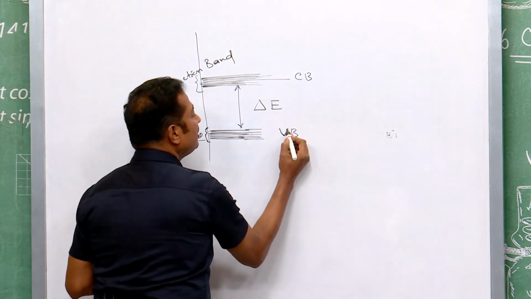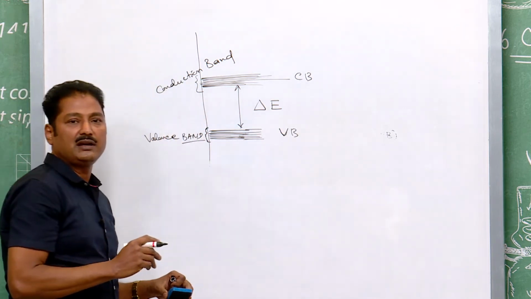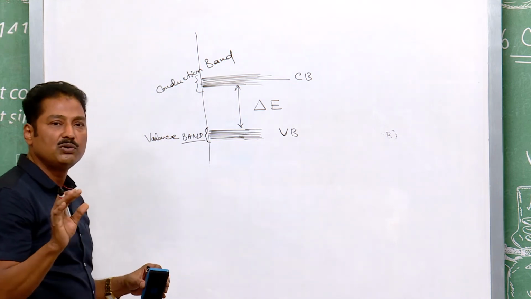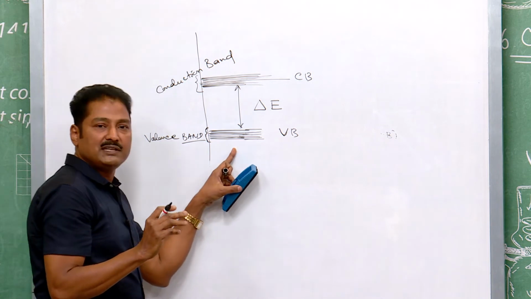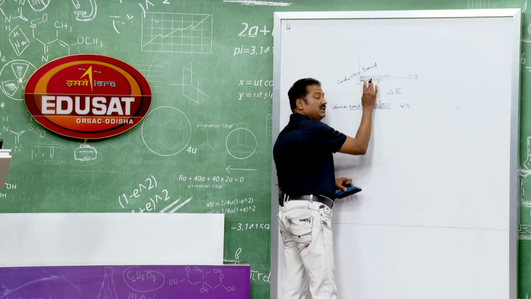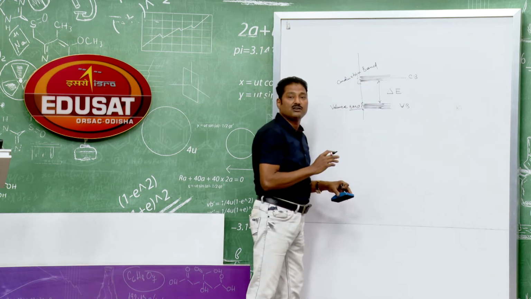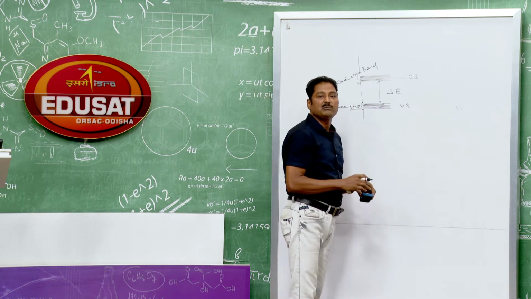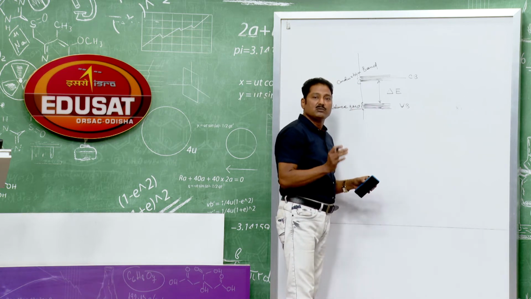So, this is your valence band and this is your conduction band. The valence band may be full, as for an inert gas, or it may be partially filled. Similarly, the conduction band may be empty if the conduction electrons are not there. If the conduction electrons are there, it may be partially filled or fully filled.